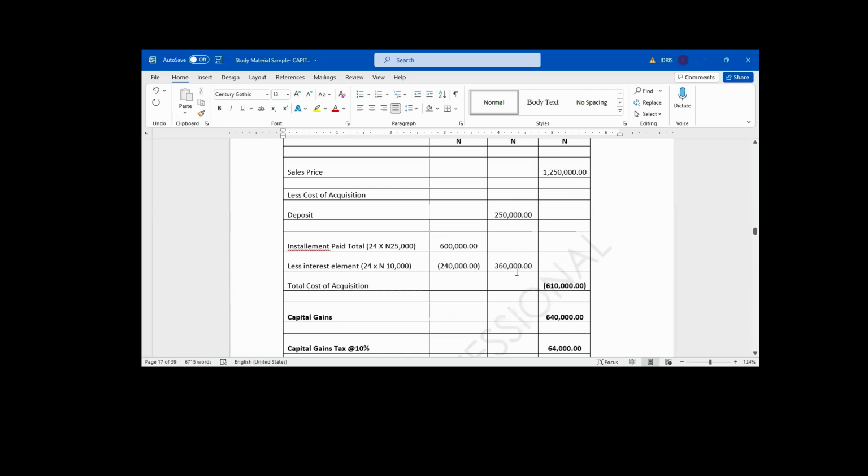When you add the two together, it gives you 610. 610 minus 1,250,000 gives you 640. Your capital gain tax is 10% of 640, which is 64,000.